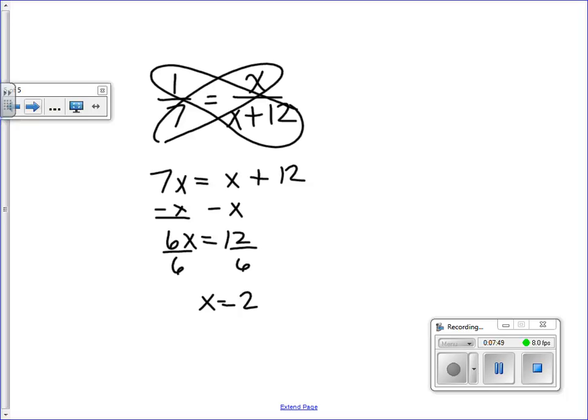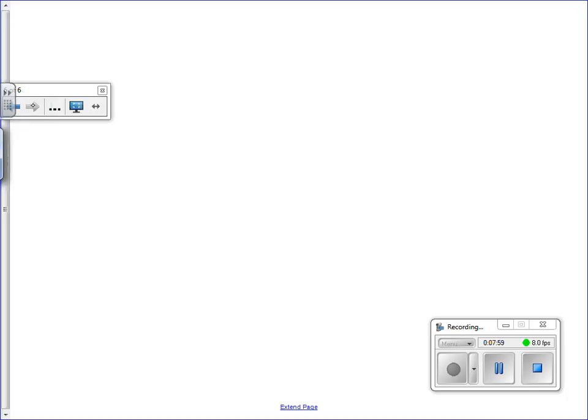It can be a little bit uglier. I'm going to show you one that's a little bit uglier, but it's still not bad. You have this one written down? x over x minus 5 equals x plus 7.